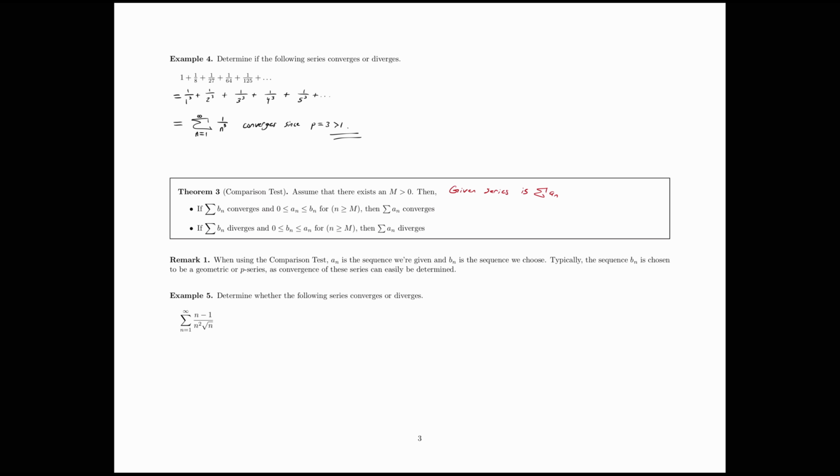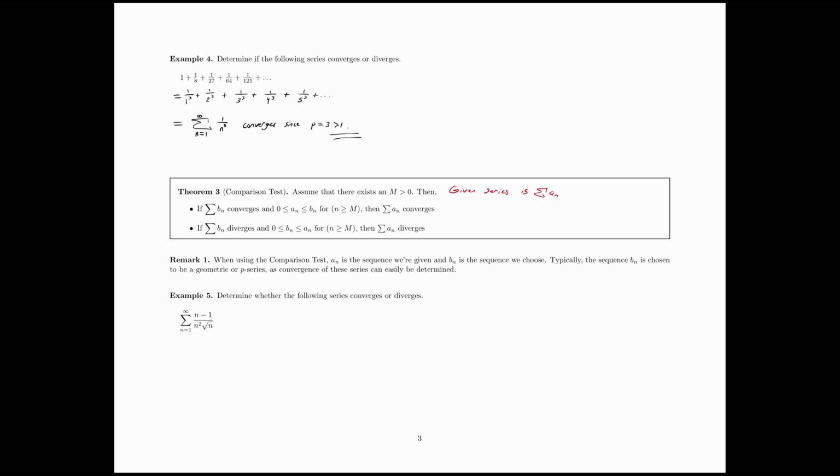If we can find another series whose terms are given by b sub n, and b sub n is always greater than or equal to our given series term, and they're at least non-negative, then if you know the larger series terms converge, then the smaller series terms will converge.